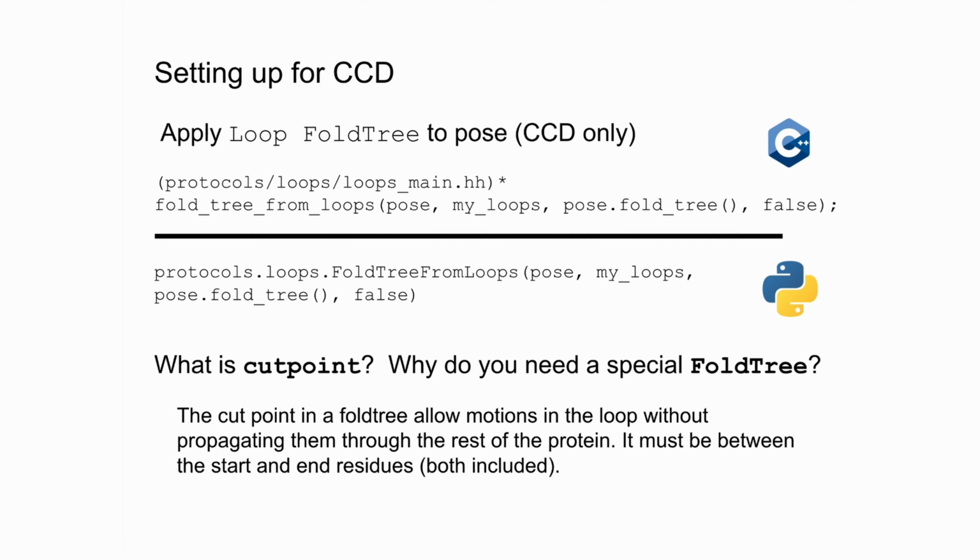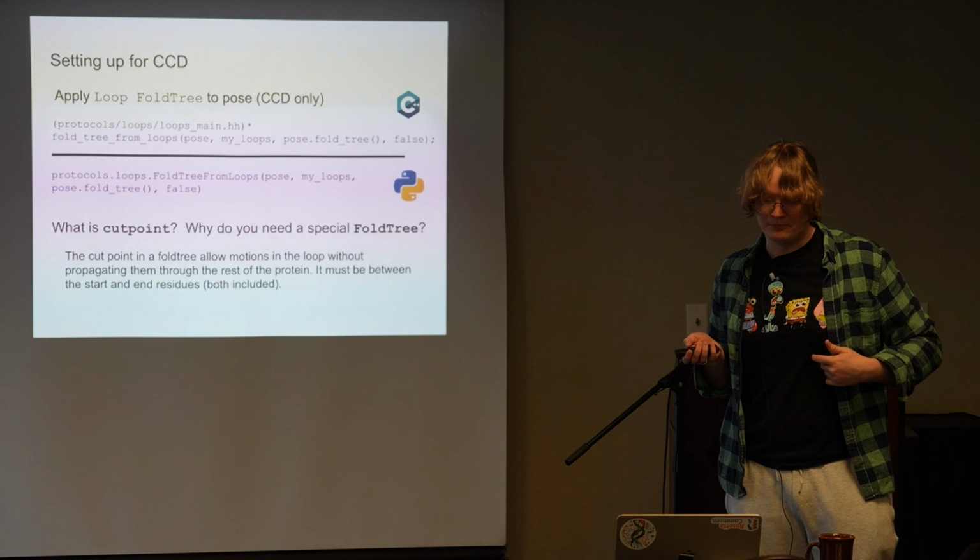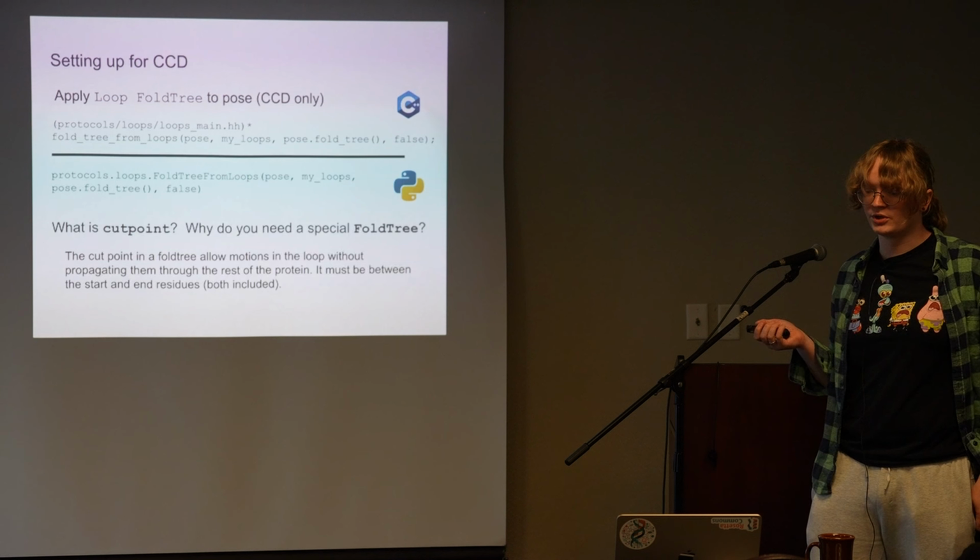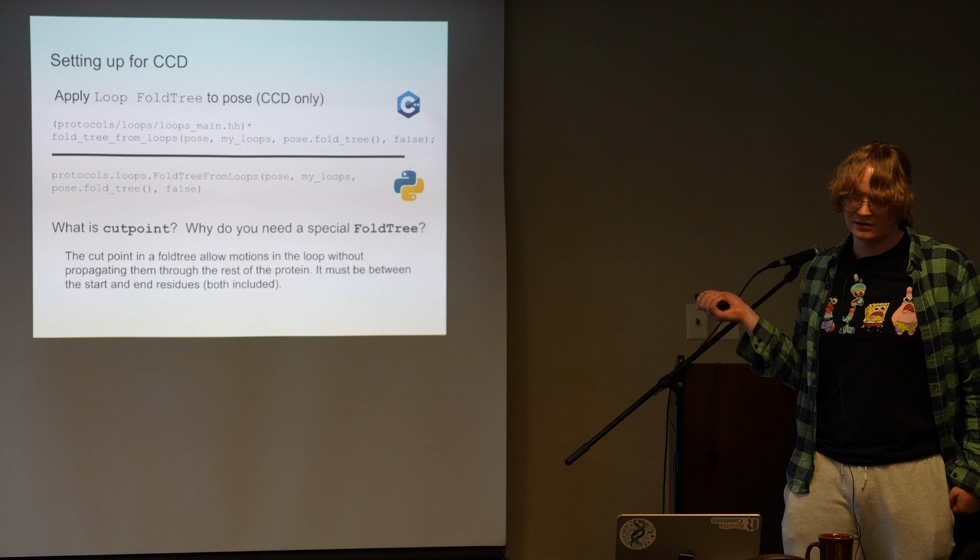An important part of this is the cut points. Why cut points? Why do we need a special fold tree? It's because when you're dealing with loop closure, you don't want to be perturbing the rest of the protein, right? You want to stop what you're doing with the loop from affecting the rest of the protein. So we're going to do this by putting cut points in the loop.